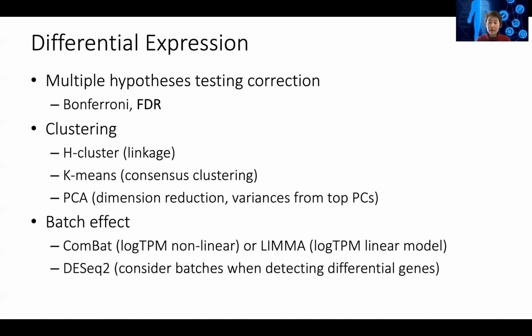It's very complex, which means you have different combinations of different batches. Limma is probably better, and you can run it on the log TPM to remove the batch effect. It will generate a matrix for you, which has the batch effect removed data. Then you convert the log TPM back to the original TPM for analysis.